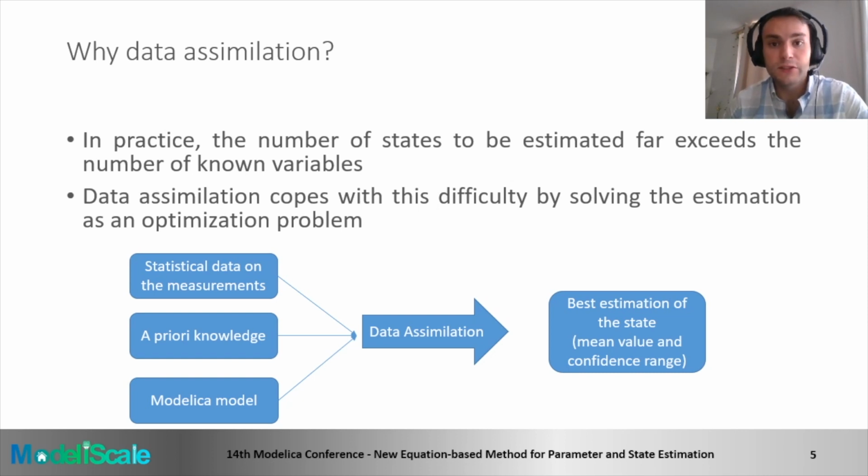And so data assimilation will give us the best estimation of the state, including as well an idea about the uncertainty related to this estimation. It's very important as well.